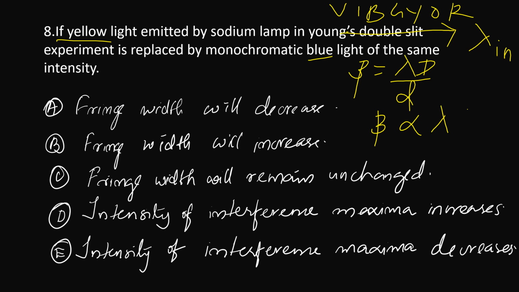So lambda of blue will be less than lambda of yellow. So, when we replace yellow light by blue light, lambda actually decreases. That means beta also decreases. So, option A is the correct one.